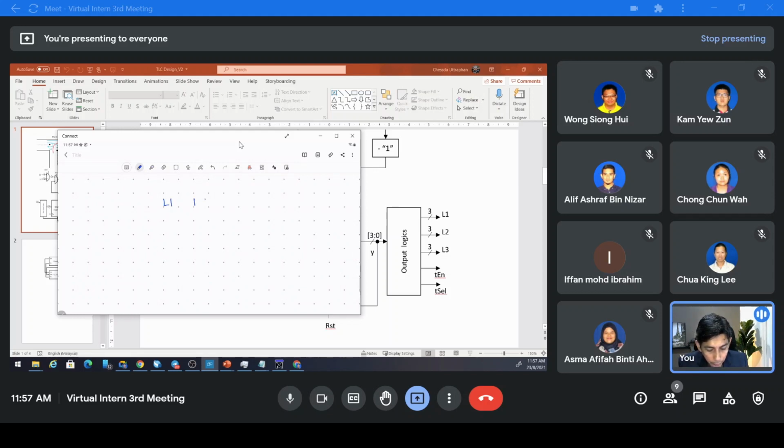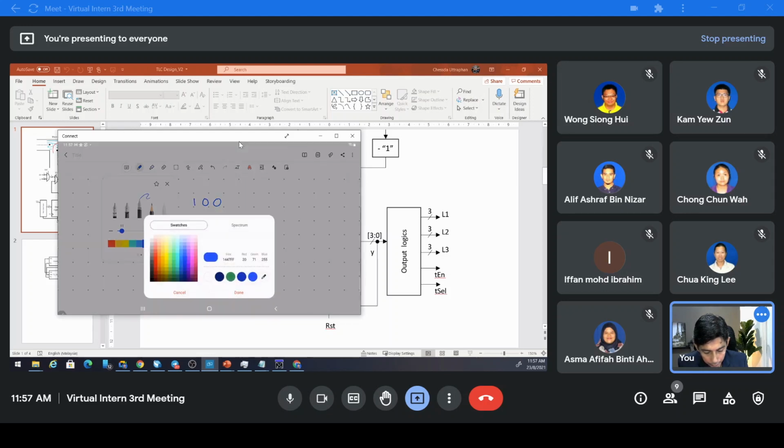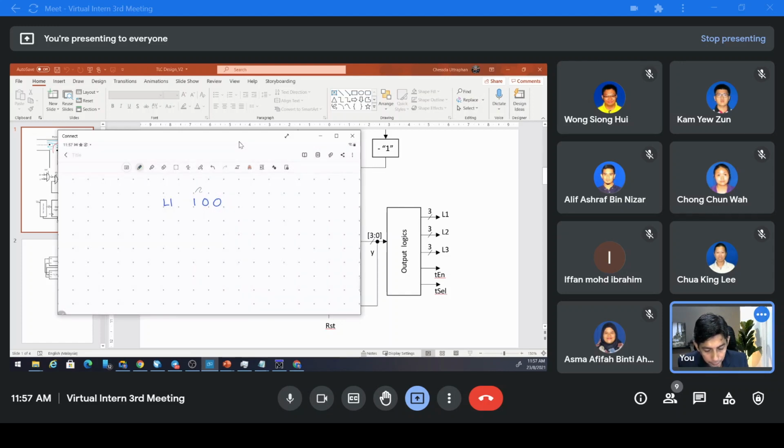So if L1 is 100, this is green on, yellow off, red off. Green, yellow, red: on, off, off.